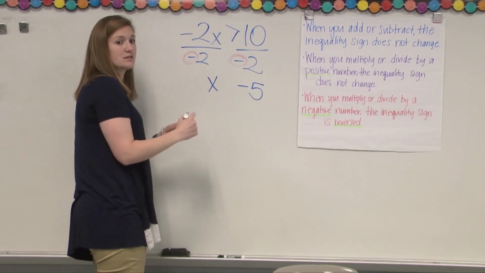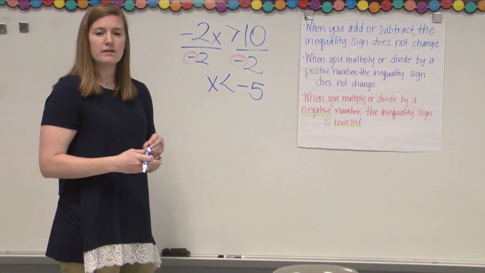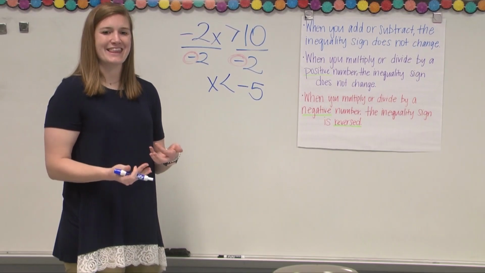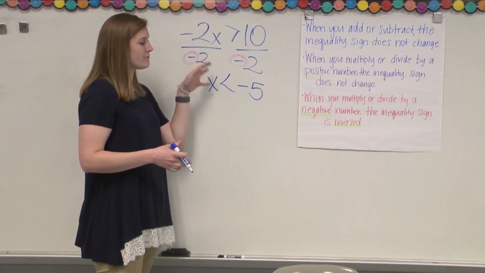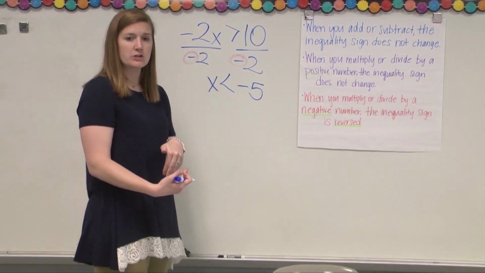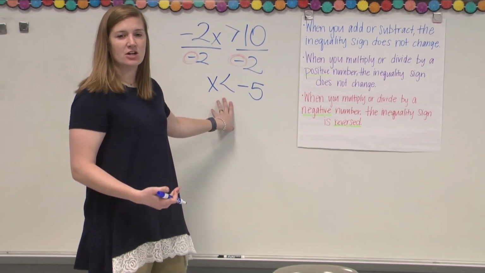So the greater than symbol actually becomes less than, and my answer to this inequality is x is less than negative 5. So remember that because we divided by a negative number, that inequality sign gets reversed, and we're going to have less than as our answer here.